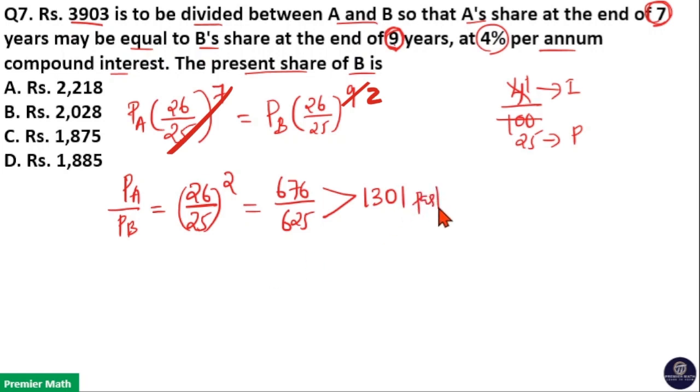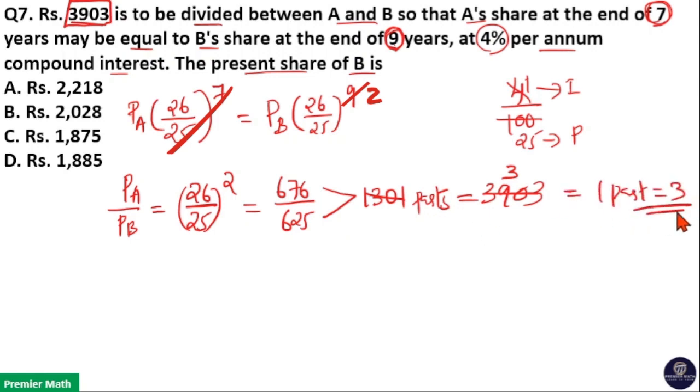Now, in the question, the principal of A plus the principal of B, that is the total amount, is equal to 3903. So, here 1301 parts is equal to 3903. So, this one goes 3 times here. So, 1 part is equal to 3.